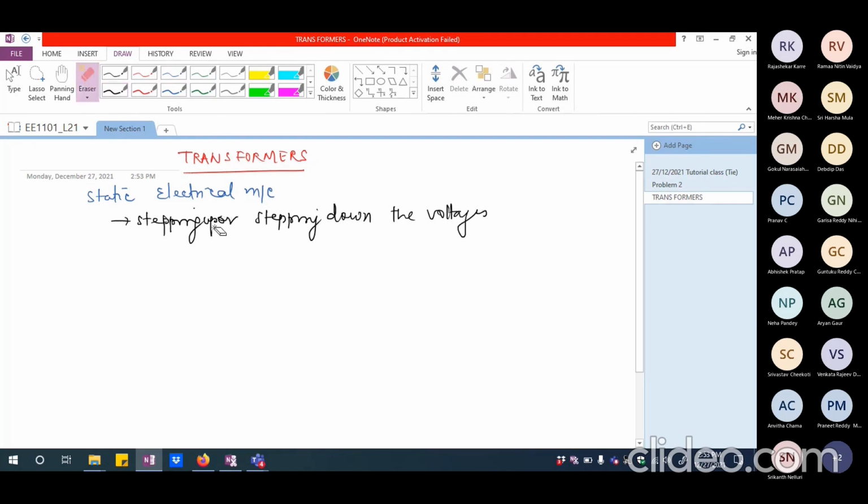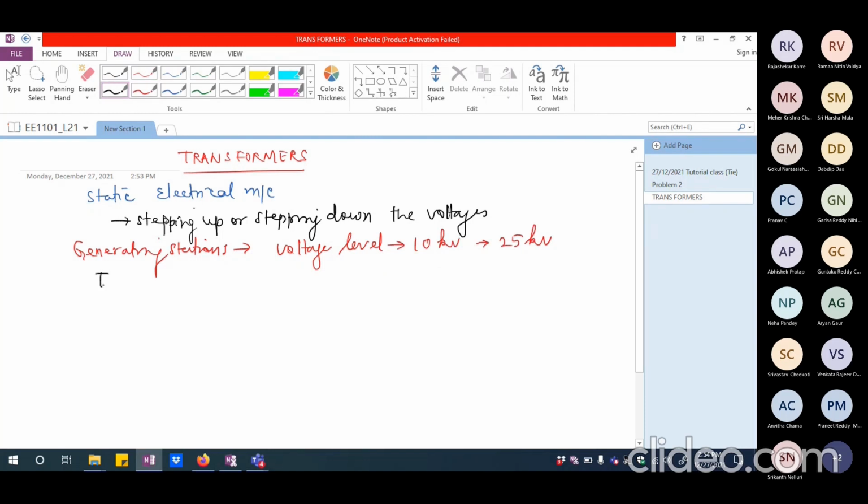It is meant for either increasing or decreasing the magnitude of voltage, for example stepping up during transmission. From generation you want to take it to transmission. Generating stations have a voltage level generally between 10 kilovolts and about 25 kilovolts, maximum 30 kilovolts, not more than that. This is the voltage level at generation.